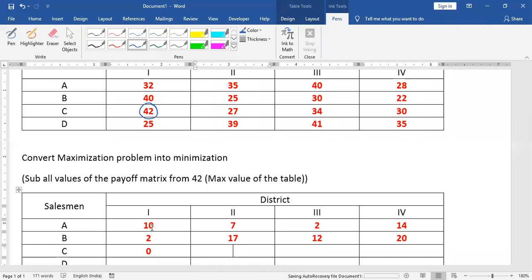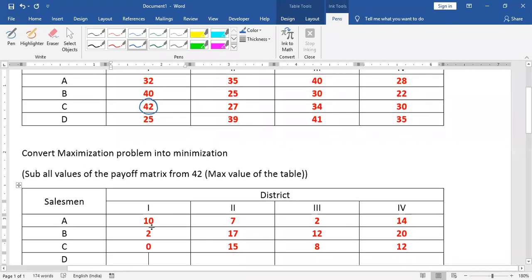42 minus 27 is 15. 42 minus 34 is 8. And 42 minus 30 is 12.